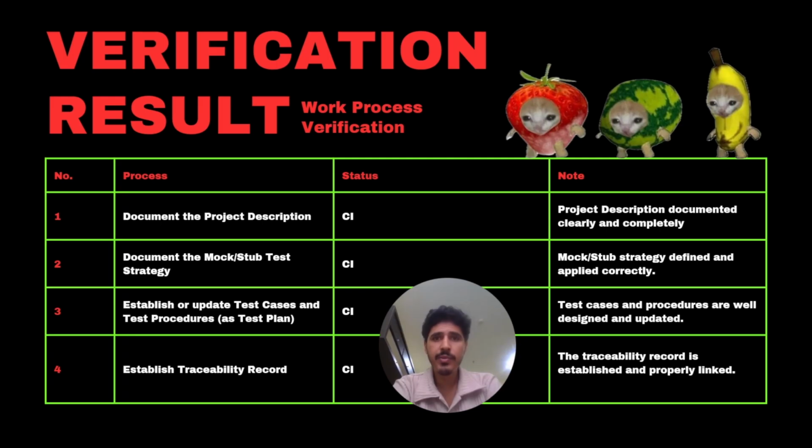In this slide, we present the verification result of the work process. Verification focuses on ensuring that we follow the correct development and testing procedures. We verified key processes such as documenting the project description, defining the mock and stub strategies, creating test cases, and also establishing the traceability.